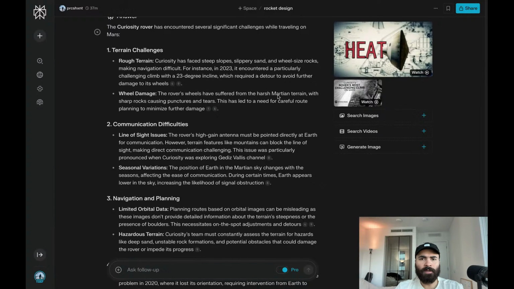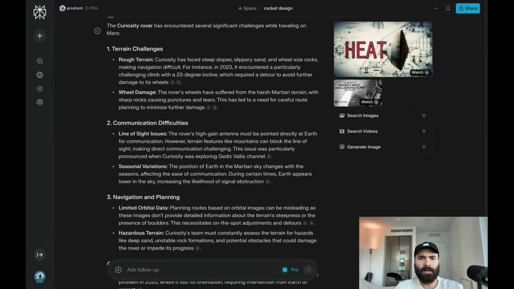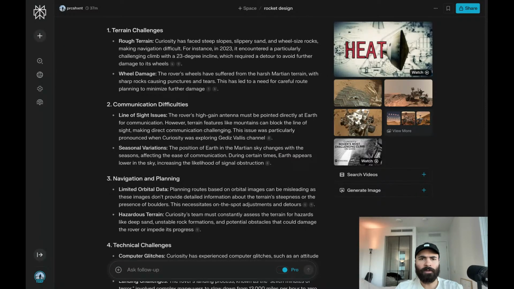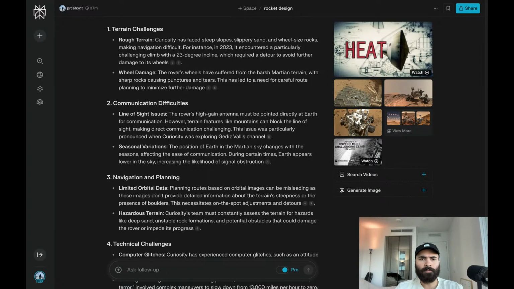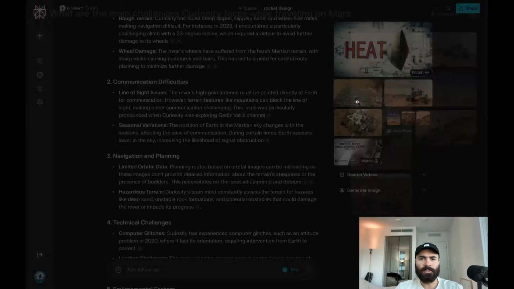For instance, in 2023, it encountered a particularly challenging climb with a 23-degree incline, which required a detour to avoid further damage to its wheels. The rover's wheels have suffered from the harsh Martian terrain, with sharp rocks causing punctures and tears. This has led to a need for careful route planning to minimize further damage.